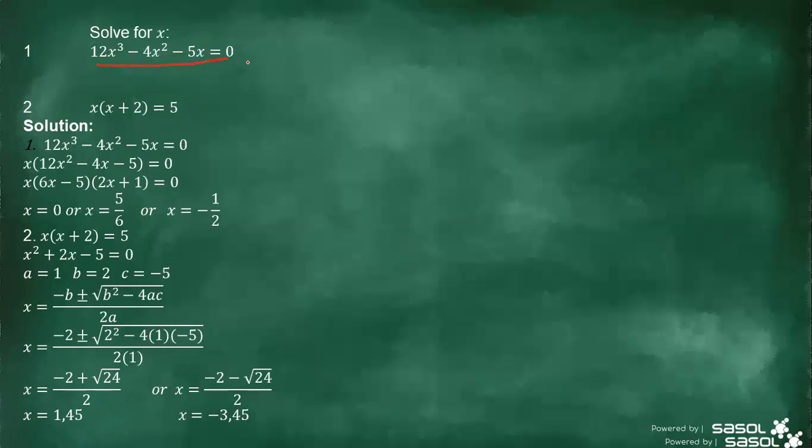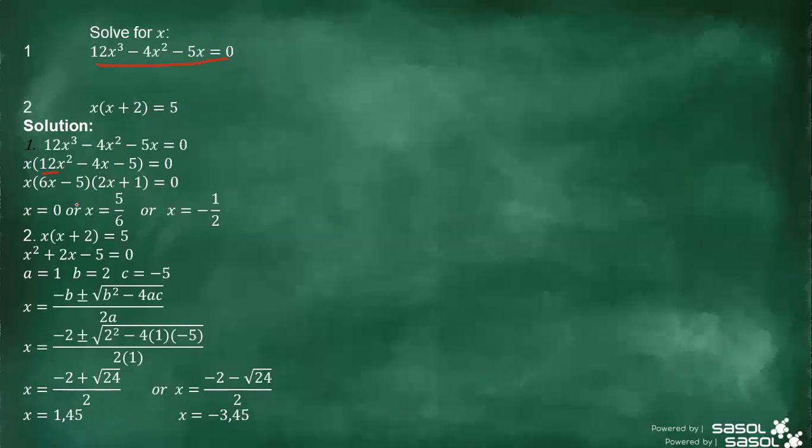Now let's factorize this one. You can see it's a polynomial because it has x cubed there. The first step is that we have a common factor, and our common factor in this case is x. You take out x as a common factor. Just after taking x as a common factor, inside the bracket we now have the quadratic. Then we factorize this quadratic, and these are the factors, which are 6x minus 5 and 2x plus 1.